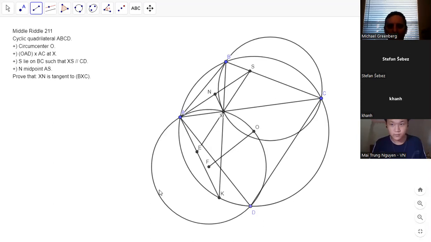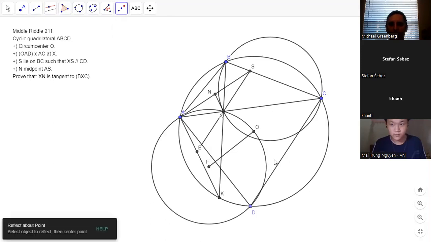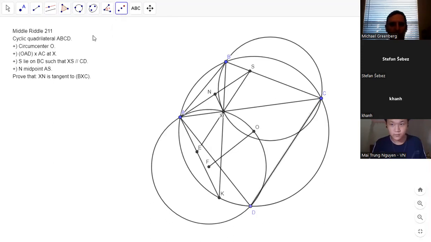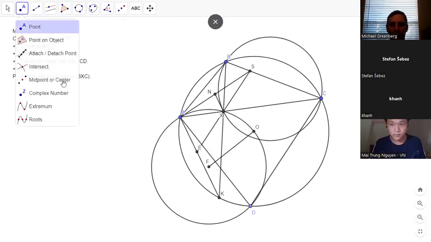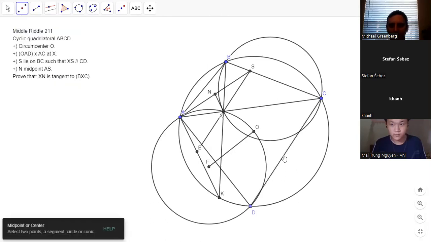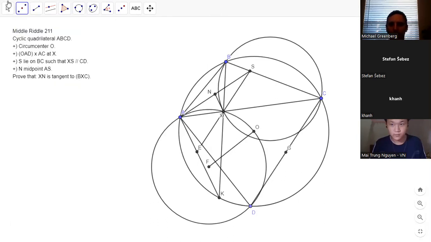So basically you showed earlier by angle chasing that OX is perpendicular to CD, right? Yeah, that is because we have angle.